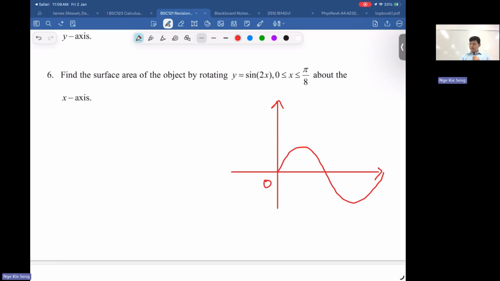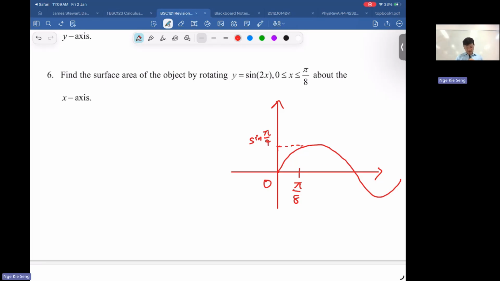So pi over 4, where is pi over 4? Maybe we need to make it a lot bigger. So pi over 4, I guess, is somewhere here. Sine pi over 4, even earlier than pi over 2. So maybe somewhere around here, and such that this point is sine pi over 4.